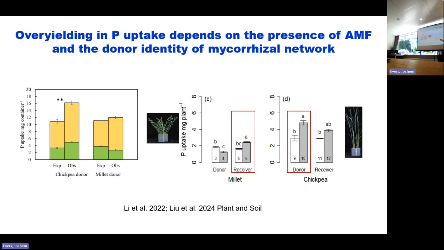With AMF, only when the chickpea is inoculated is there P uptake overyielding, but not when the millet is inoculated. In this situation, the chickpea is the donor of the mycorrhizal network, and the millet is the receiver. In this condition, both species can benefit in the P uptake.